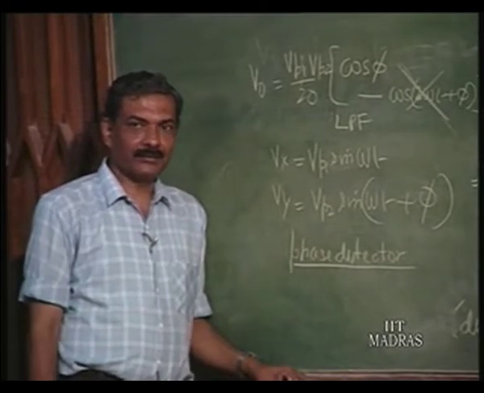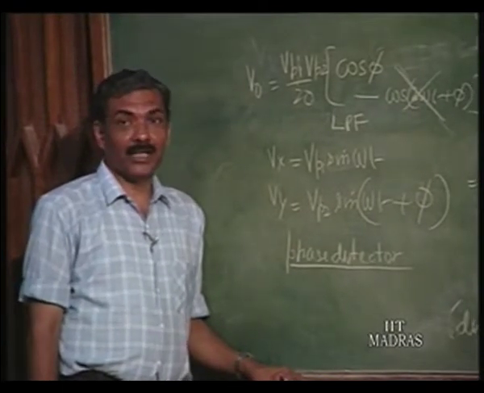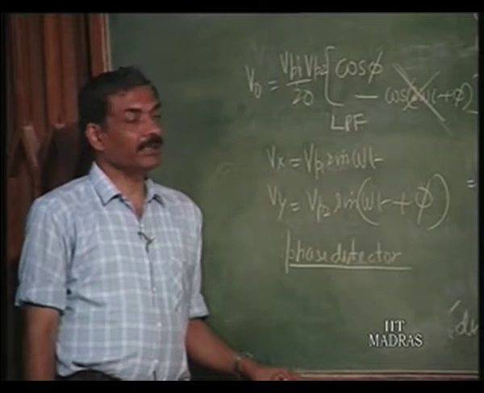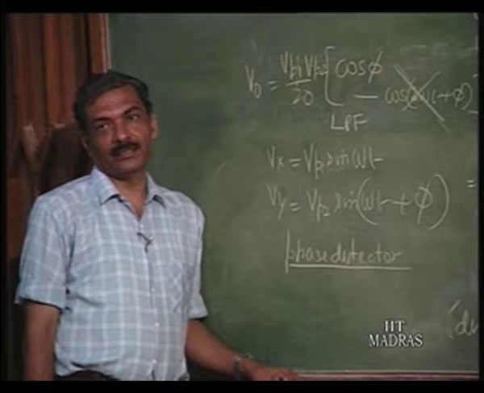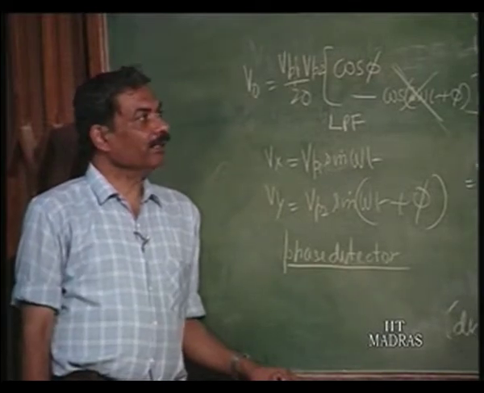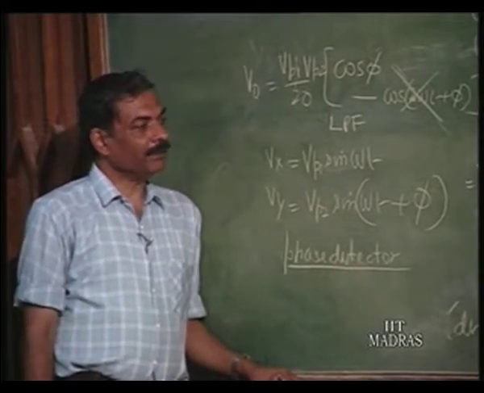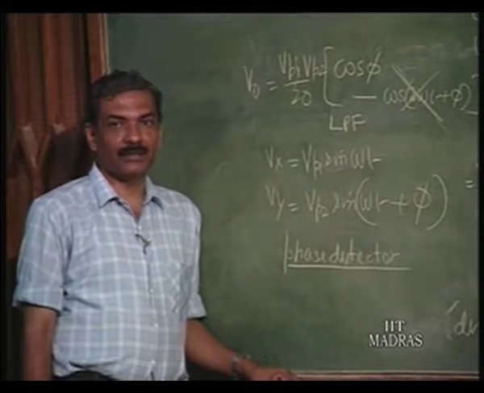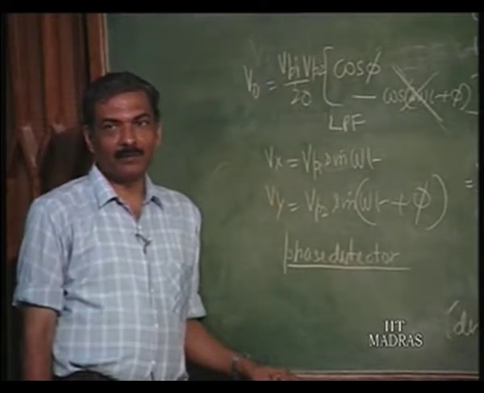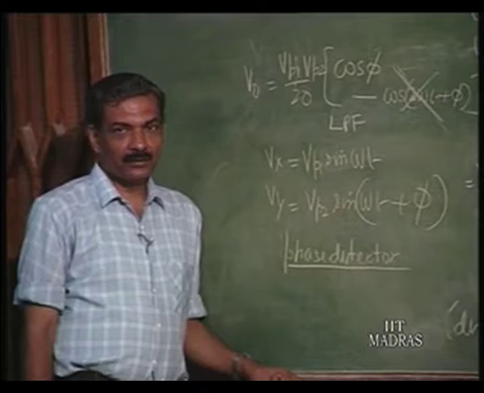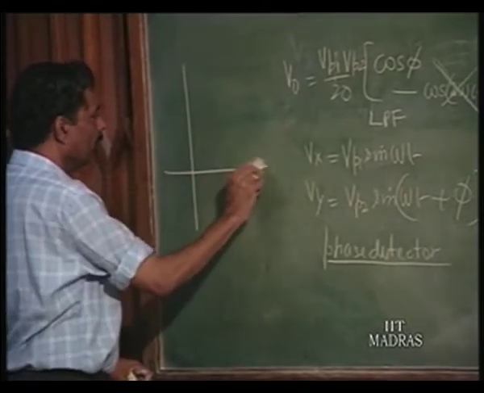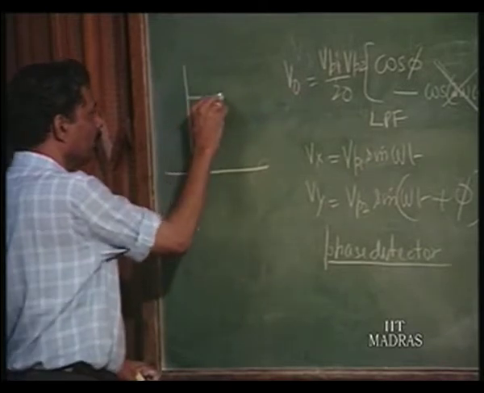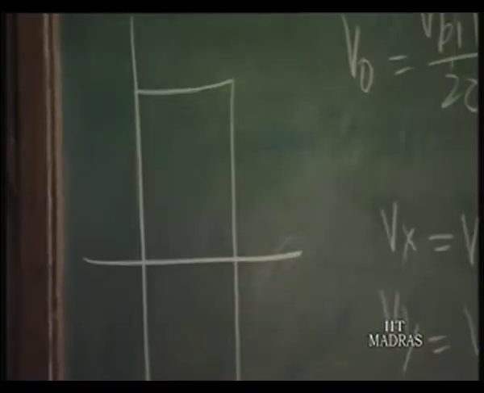Phase detector. It is not linear, it is non-linear because the output DC voltage is proportional to cos phi, not phi. You can make it linear by simply passing these waveforms through comparators or limiters, what are called amplitude limiters. So, if you for example pass it through amplitude limiters, the output amplitude of Vx is limited to some value.